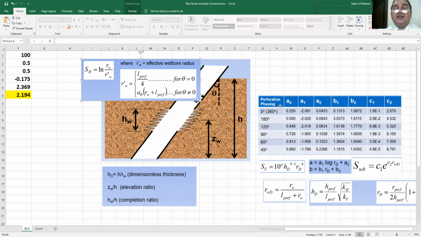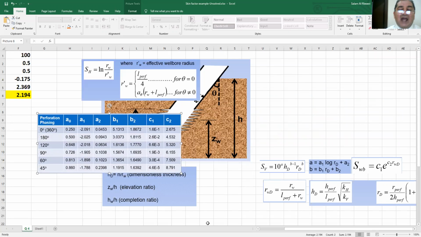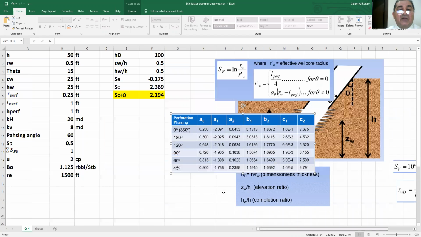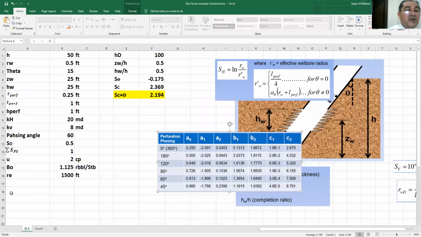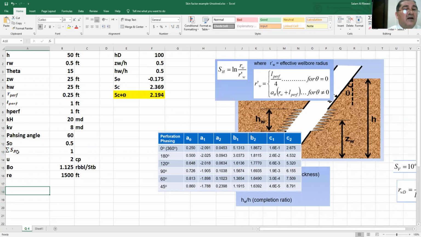Which table? This is the table. We need to know the phase angle. How much is the phase angle given to you? 60. So from this table, I need some of the parameters, so I'm going to put them here. So this is A theta, guys.